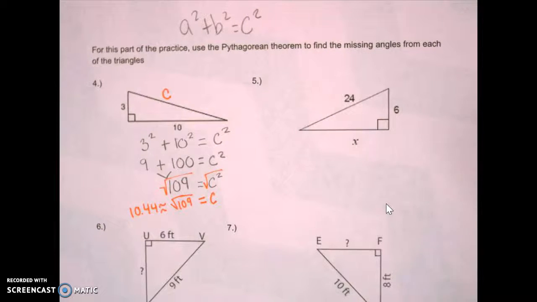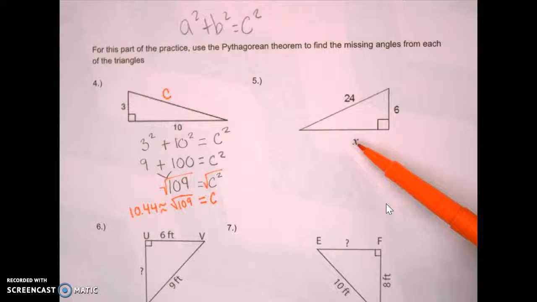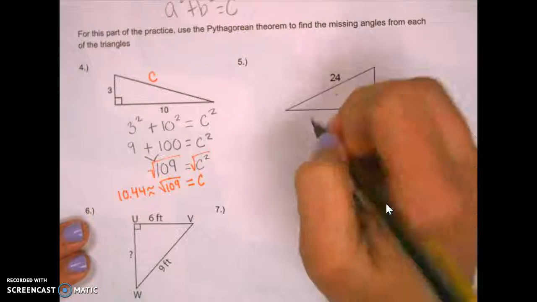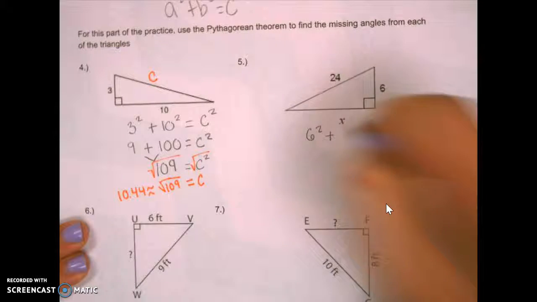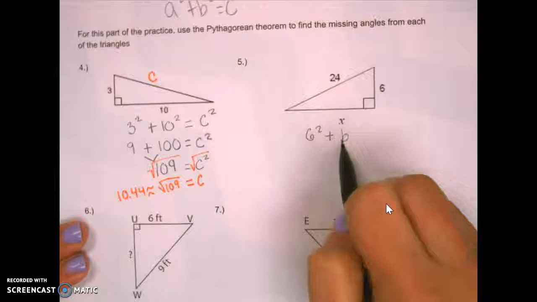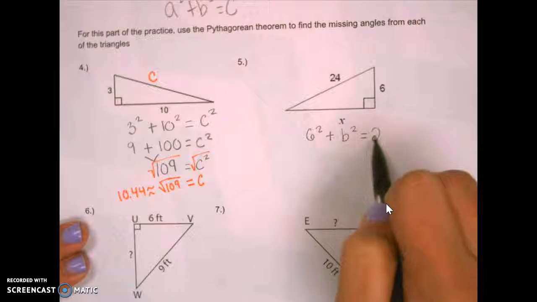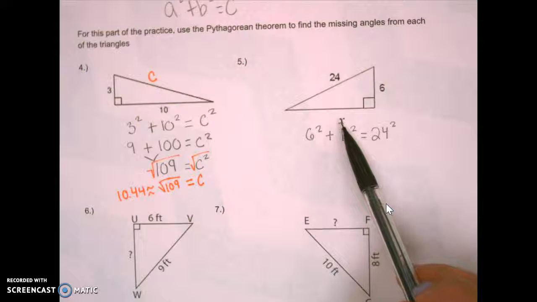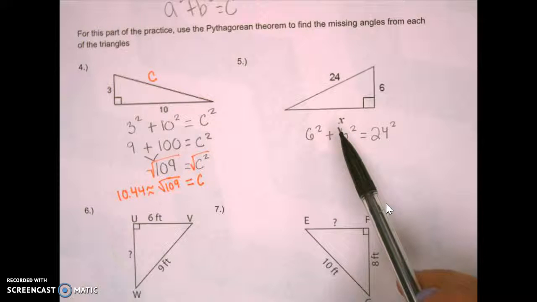Okay. My next triangle, I have my C, I have one of my legs, I am missing my other leg, which is going to be B. So I'm going to take 6 squared plus B squared equals 24 squared. In this case, you might be confused why it has an X. Do not worry, on the test, it will have a question mark, or it'll have the letter itself.